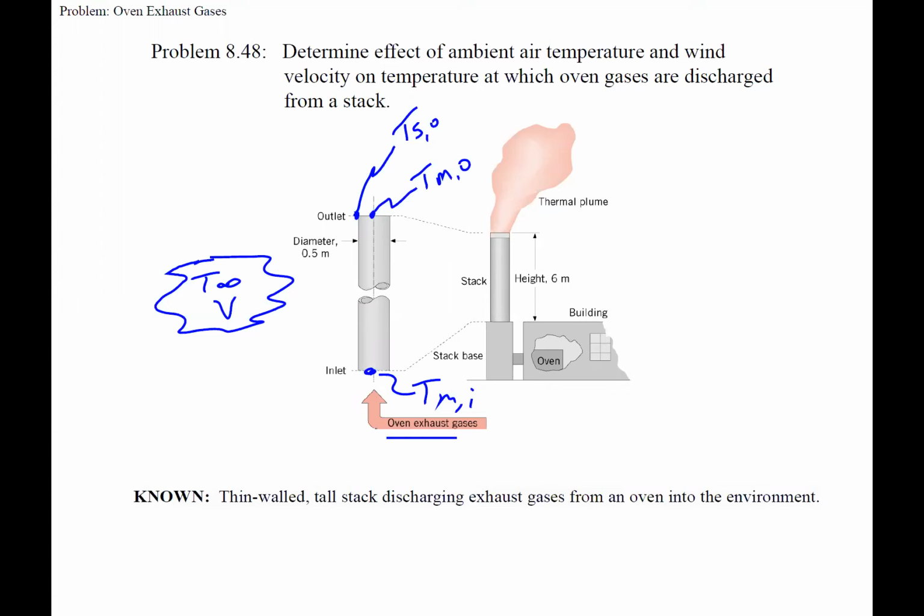Anyone want to give a guess here? What's being held constant externally on this situation? The outside temperature. Yeah, so the outside temperature, right? Our ambient conditions, right? That's being held constant, right?